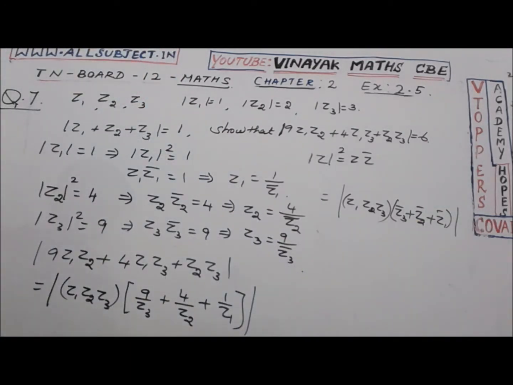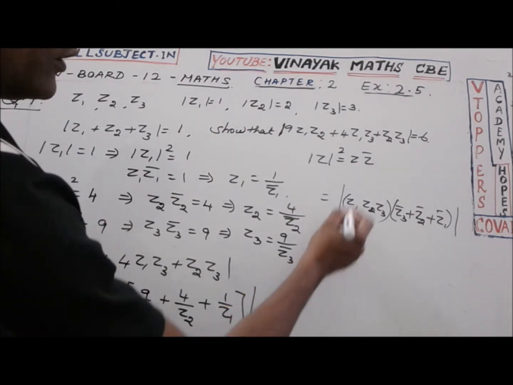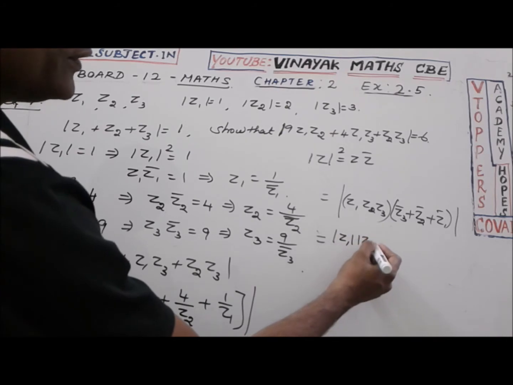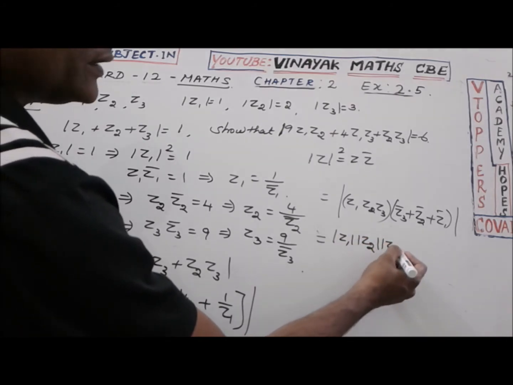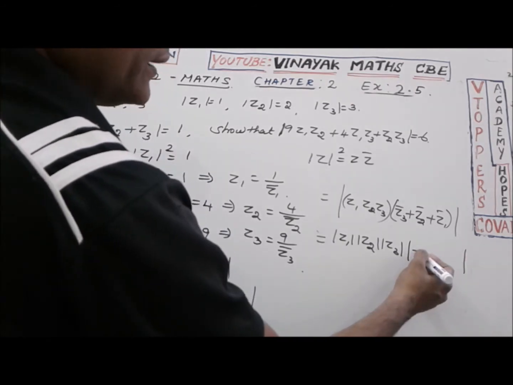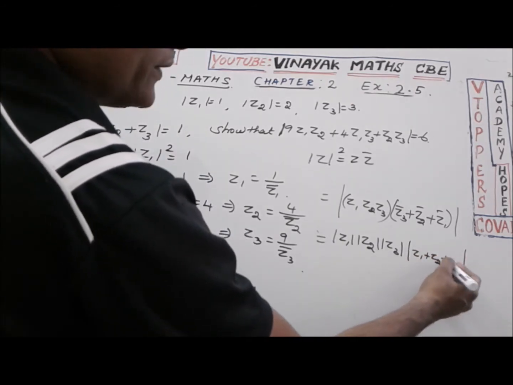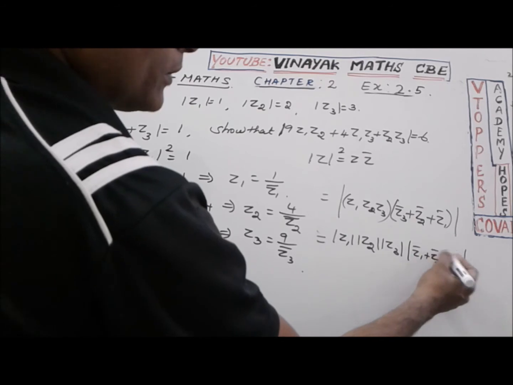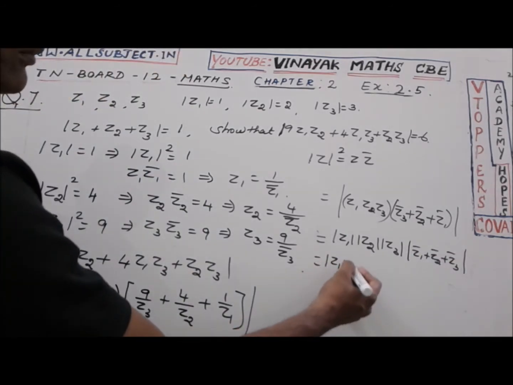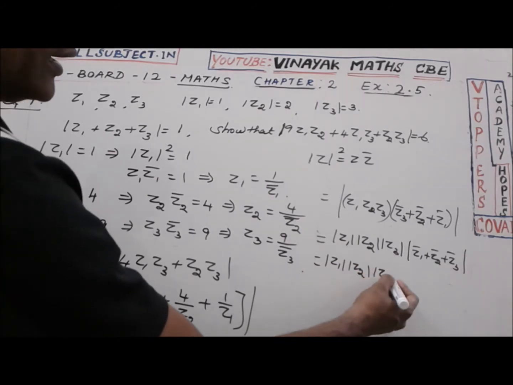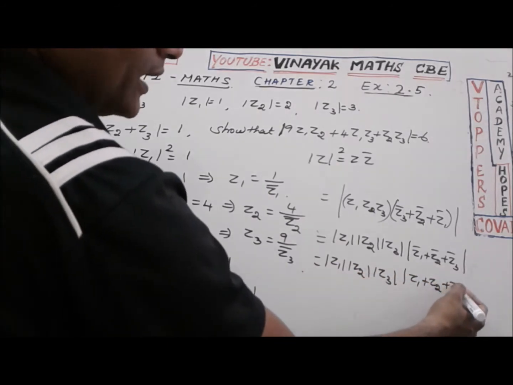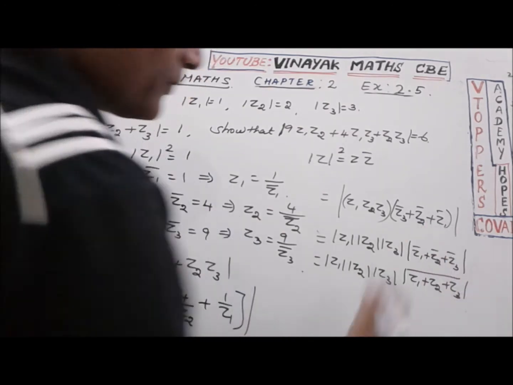Now separating the modulus, modulus of Z1, modulus of Z2, modulus of Z3 into modulus of Z1 bar plus Z2 bar plus Z3 bar. This can be simplified as modulus Z1, modulus Z2, modulus Z3 into modulus of Z1 plus Z2 plus Z3 whole bar.